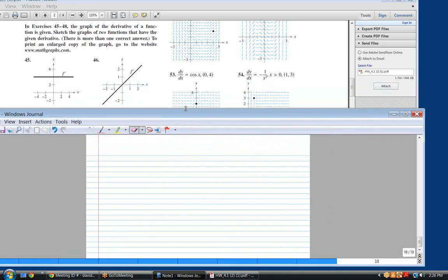We have the derivative appears to be a line with a slope of 1. So then for the equation we would need something that gives us a derivative of that. So then we'd have x squared over 2 plus c.